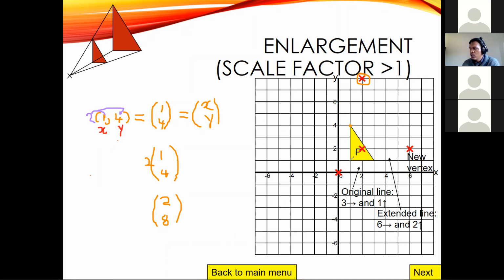We can do the same thing by taking another point and applying the scale factor. I'm just going to use another color. The first one is done, it's over there. For the second point, we have an X value of 1 and a Y value of 1.